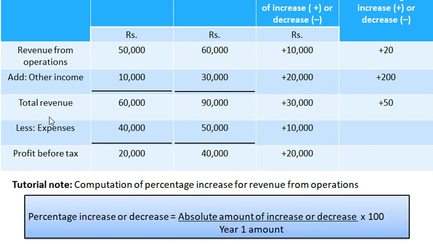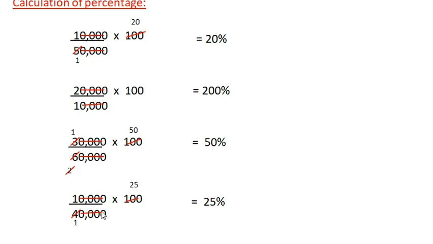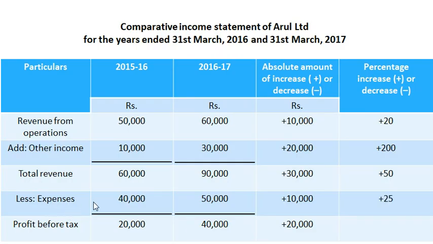Now we will find the percentage for expenses. Absolute amount of expenses is 10,000. Year 1 amount is 40,000. 10,000 by 40,000 into 100. 4 zeros get cancelled. 1 times 4, 25 times 4 is 100. So therefore the percentage of expenses is 25. As the absolute amount is increasing, the percentage will also increase.